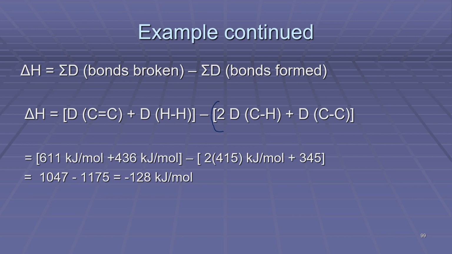And be really careful, make sure you do your parentheses, because you want to subtract the whole sum of all those. Okay, so 611 plus 436 minus 2 times 415 plus 345 gives us negative 128 kilojoules per mole.